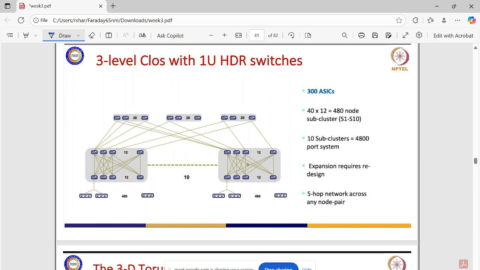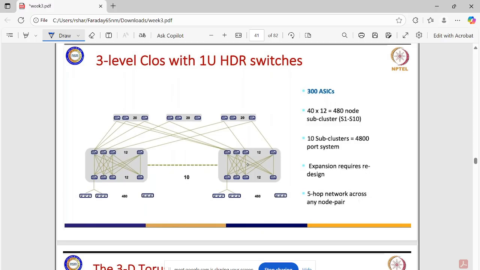If you want to make a large cluster, we end up putting multiple of these switches and connecting them to each other in a particular fashion. So we will create multiple layers, and therefore we create large clusters.